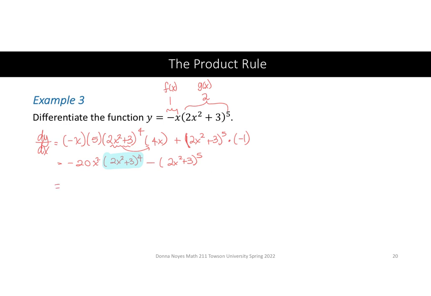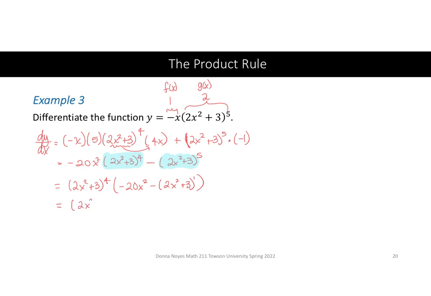So if we take that out, 2x squared plus 3 raised to the fourth, I'm left with just the negative 20x squared on the first term. But on the second one, I took out all but one of these, so I have minus another 2x squared plus 3 to the 1.